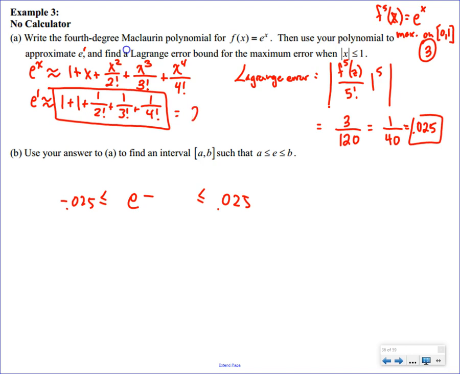Wouldn't this be 2 plus 1/2 plus 1/6 plus 1/24th? Which would be 2 plus 0.5 plus, you guys know the decimal for 1/6, right? 0.166666. How about 1/24? 2.708.